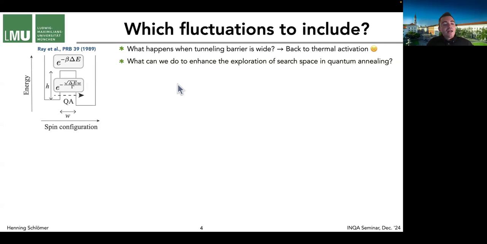And so what we can basically do in order to potentially enhance this is to include multi-point interactions, denoted here by this number q, that couple larger Hamming distances. So on an intuitive level, you can imagine your energy landscape, where you have these energy barriers with width w, which for the transverse field is just given by the Hamming distance.